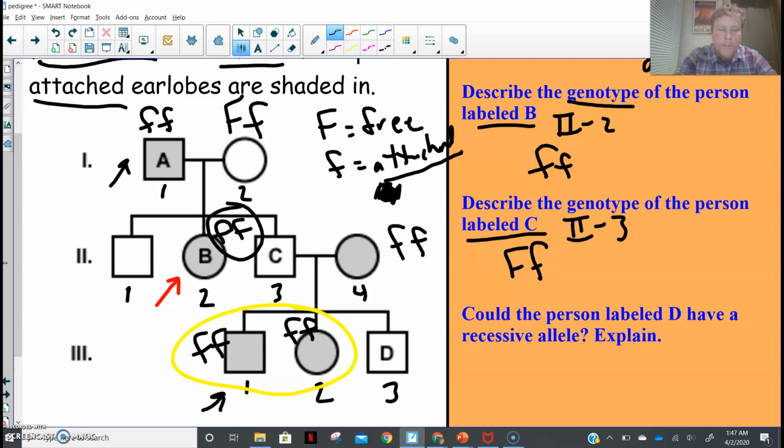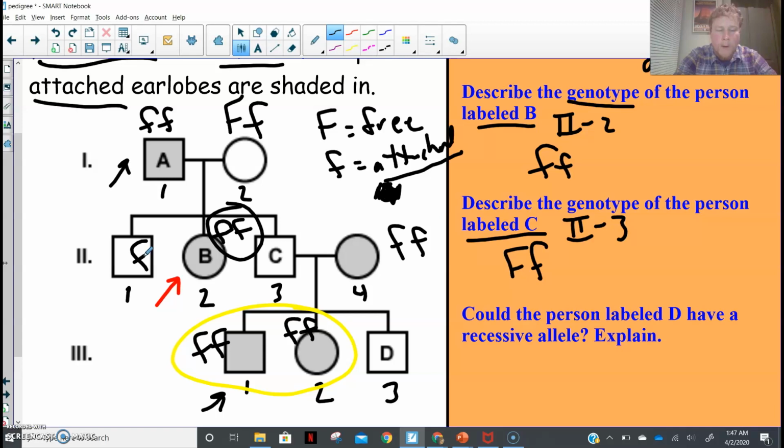Let's keep filling this out. What's 2-1? 2-1 got a little f from person 1-1, dad, right? So we know they got a little f from dad. What did they get from mom?